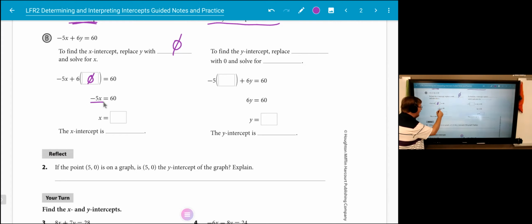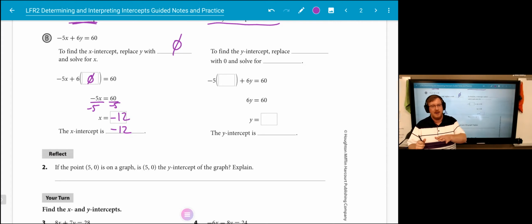Divide both sides by negative 5. And x equals, well, a positive divided by a negative is a negative. And 60 divided by 5 is 12. The x-intercept is negative 12. If you wanted to write that as a coordinate point, x is negative 12, y is 0. You could write it like this: negative 12, comma, 0.